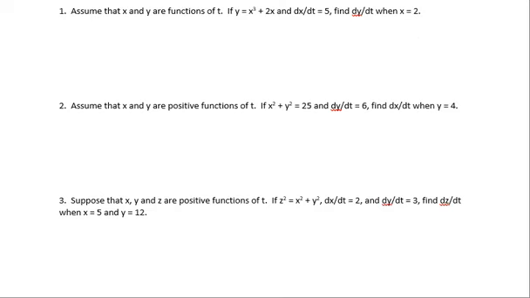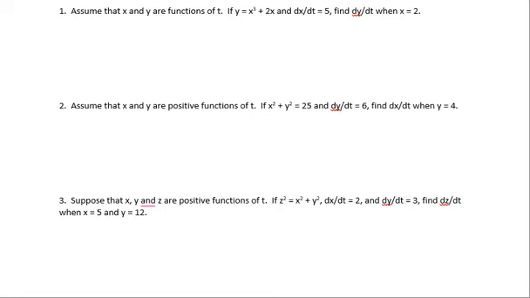So we have a lot of information here. We're going to need to use our implicit differentiation strategy because we are differentiating multiple variables with respect to a variable. So we're differentiating x and y, and we're differentiating with respect to t. So first of all, let's just write down what we have, and then we'll work it through one piece at a time.